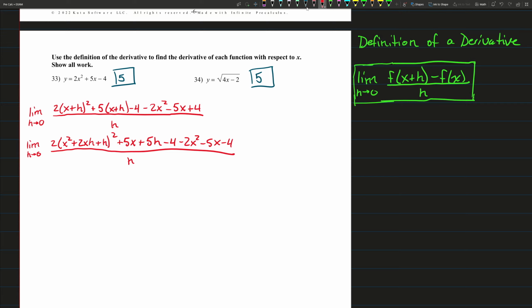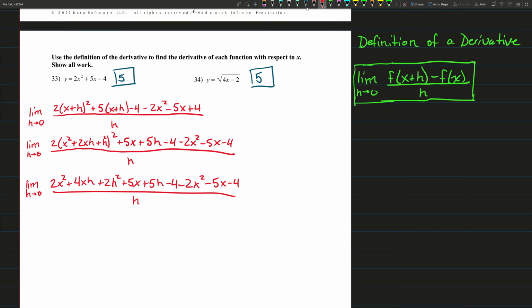If we distribute this 2, we get 2x squared plus 4xh plus 2h squared, plus 5x plus 5h minus 4 minus 2x squared minus 5x plus 4, all over h.